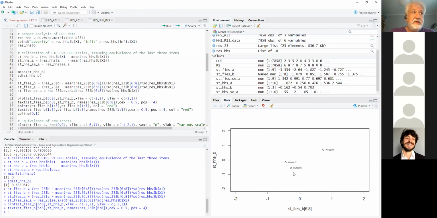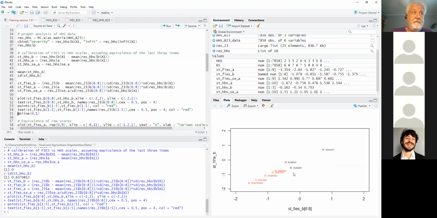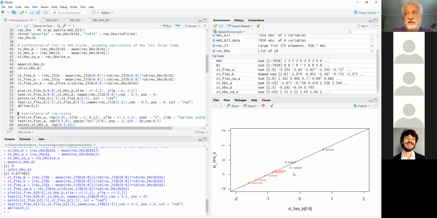And then I'm adding the standardized value of the FIES parameters. And so this is the equivalence between the two scales, in which, of course, the common items are the last three.